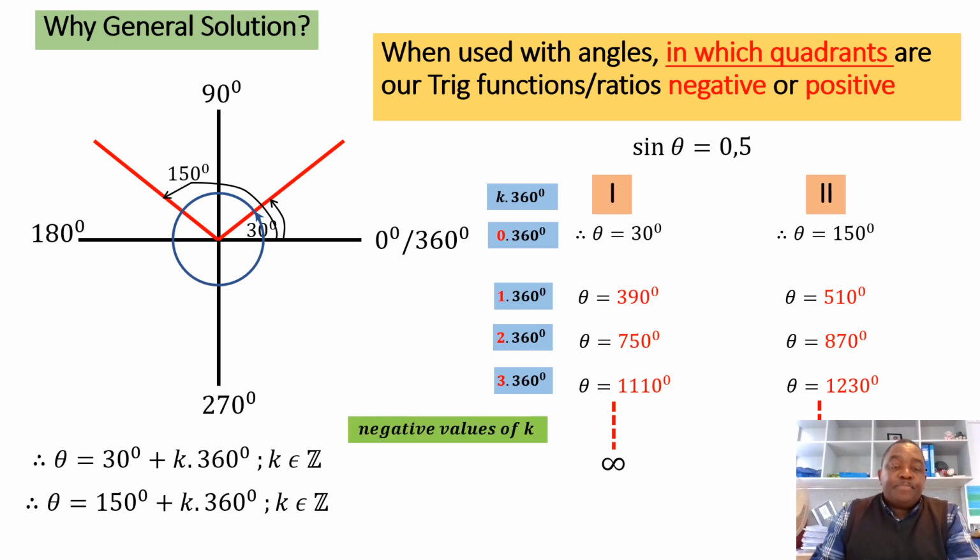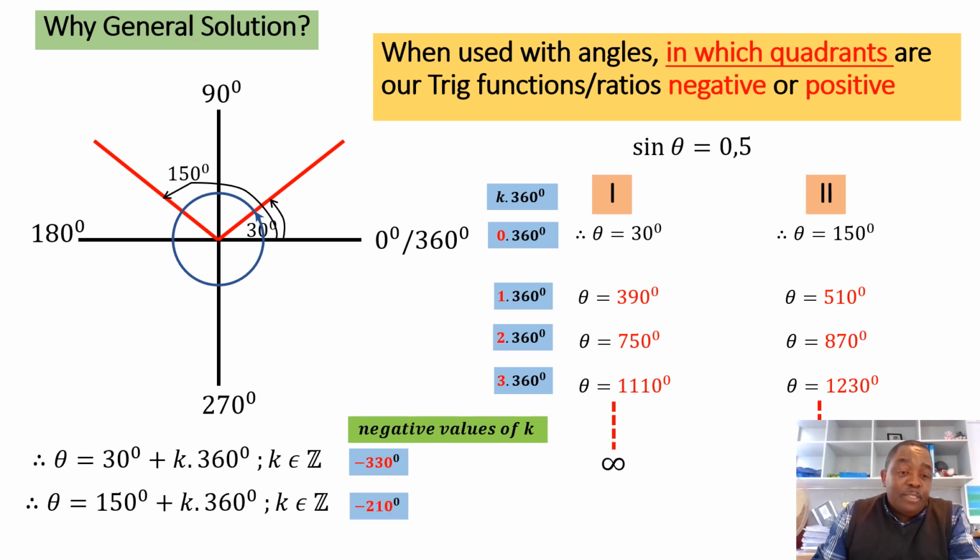How do we write solutions that represent all possible solutions in an equation? What about negative angles? All that I've shown you now is just positive angles. Remember, k is an element of the integers. When we change our values of k to negative integers like -1, -2, -3 and so on, we get those negative angles. I'll just take a few. For the first solution, k = -1 would give us -330.